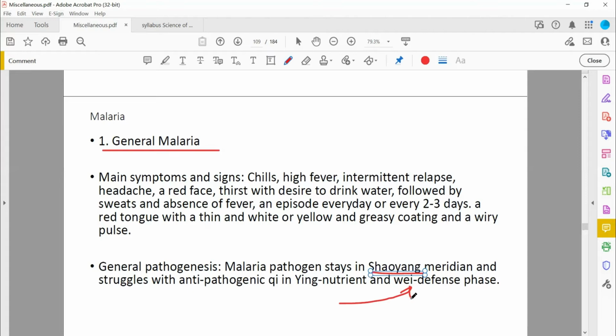When it affects the wei qi, the patient will feel kind of chills. Wei belongs to yang, so the patient will feel cold.